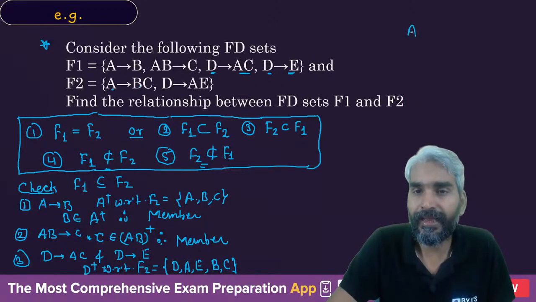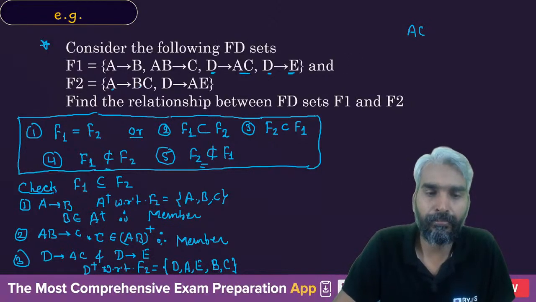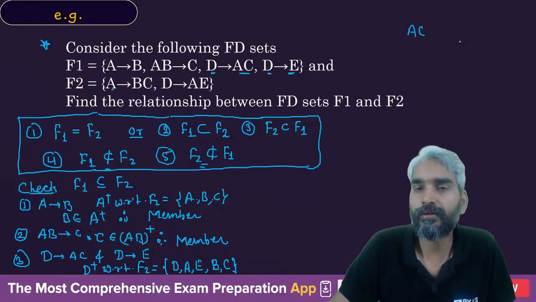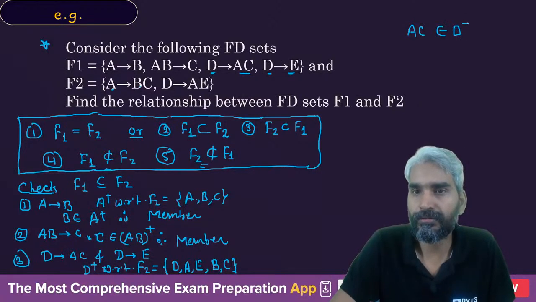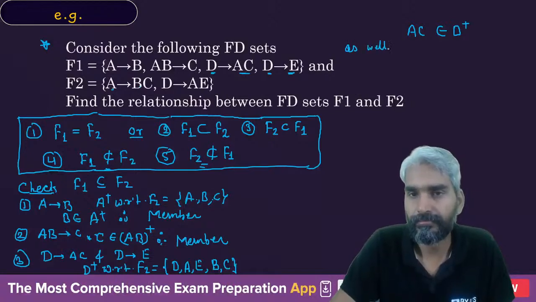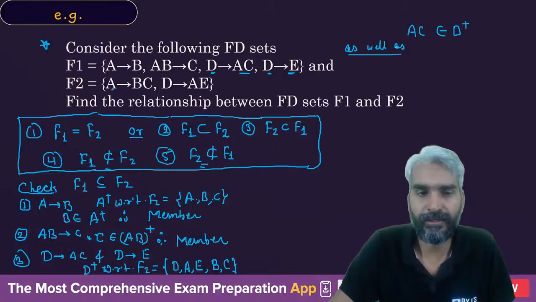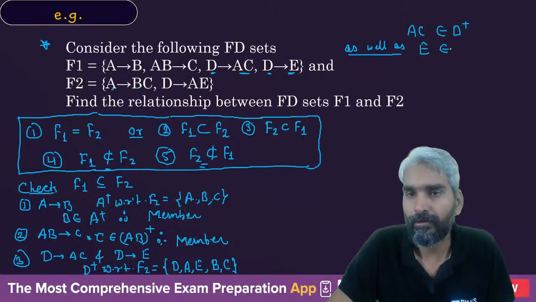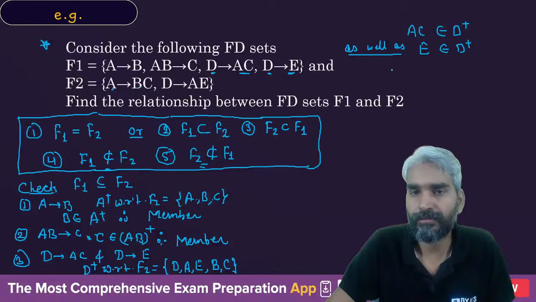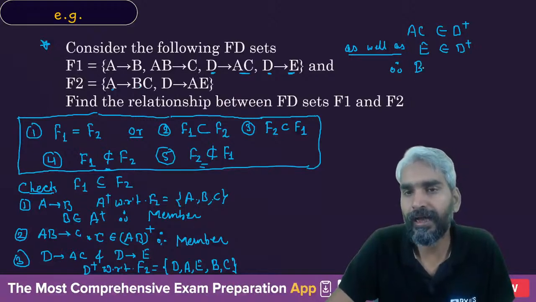That A and C both belong to D closure, as well as E belongs to D closure. Therefore, both are members.